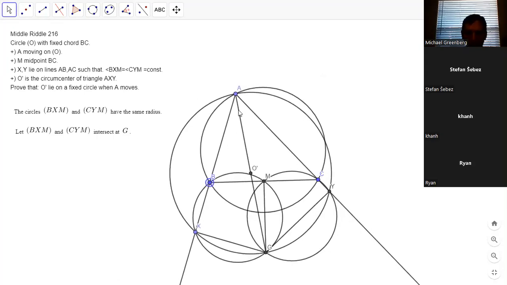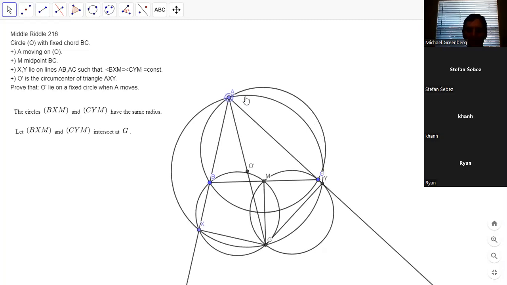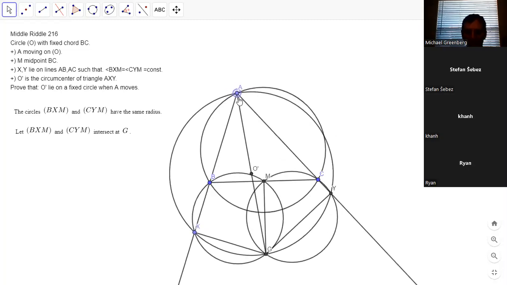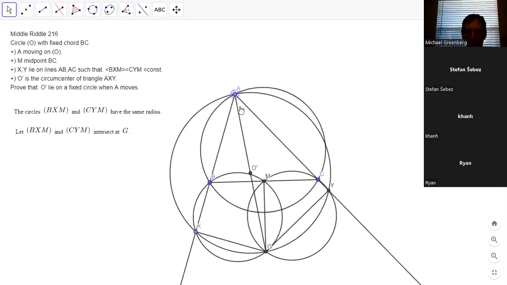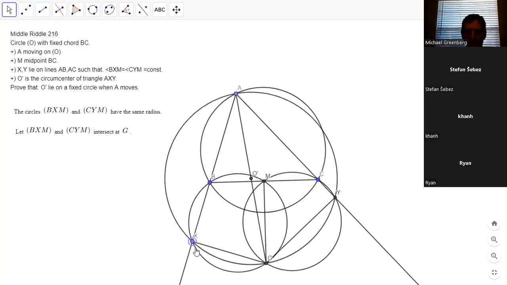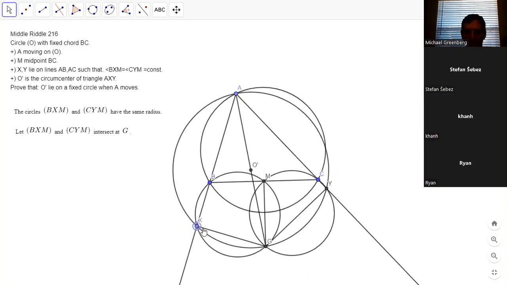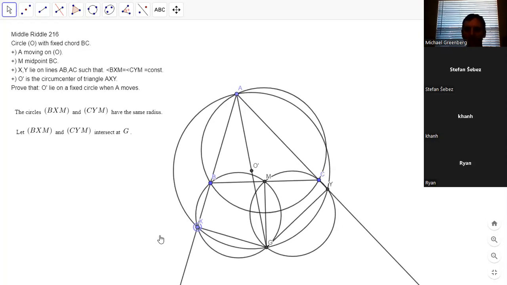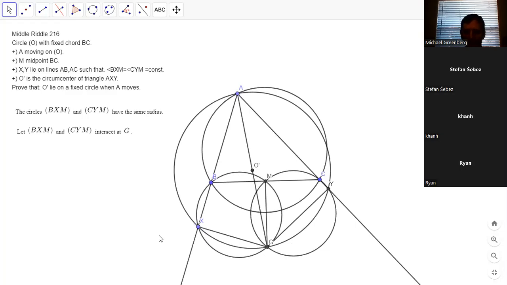It does not. Yeah, I don't think it does. Okay, so we still have more work to do to solve it, right? No, I don't think so.